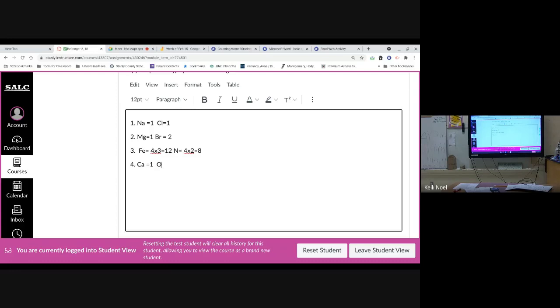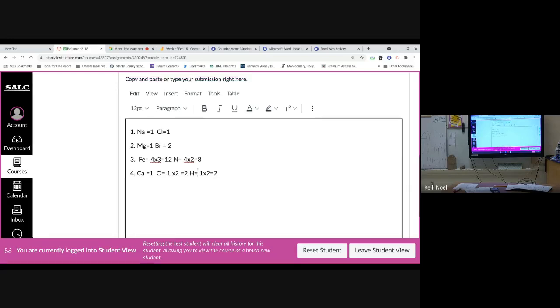O equals 1 times 2, which is 2, and H equals 1 times 2, which is 2. So when you're finished with that, you will submit.